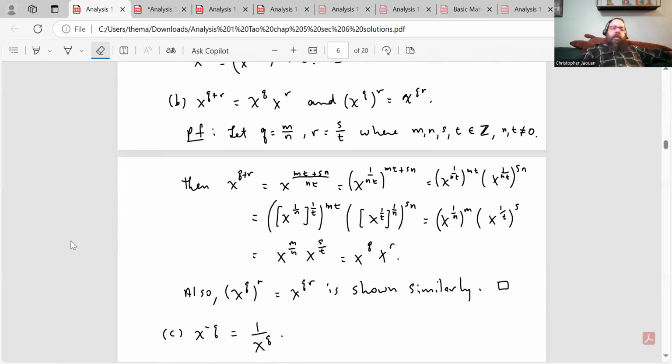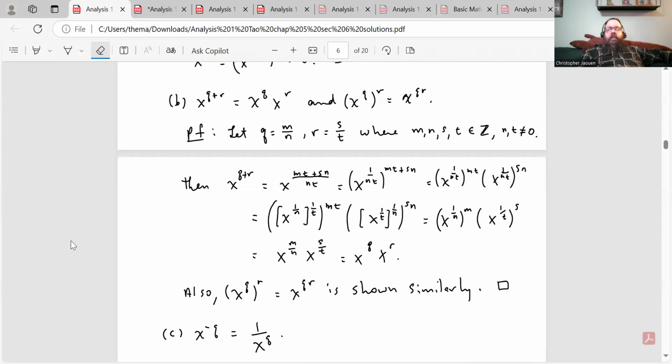So let q be m over n and r be s over t, where m, n, s, t are integers and n, t not 0. Then x to the q plus r is equal to x to the (mt plus sn) over nt. That's just by, if you remember, the way that we defined addition of rational numbers.